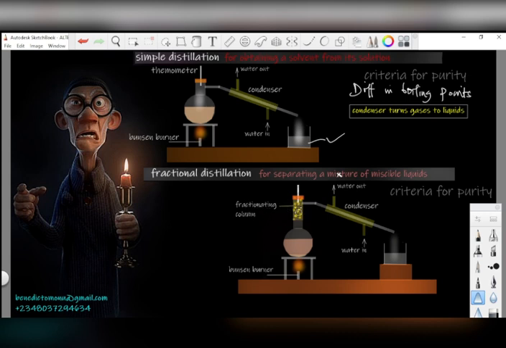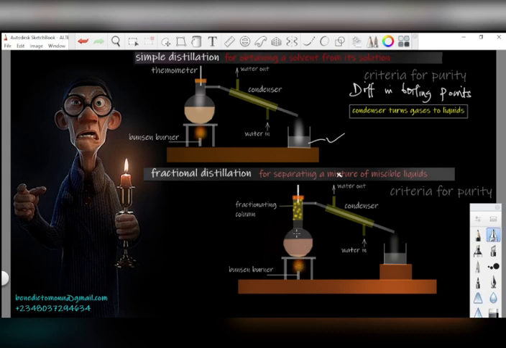The fractionating column is a column of glass beads that are kept at a particular temperature. So when you heat up the two or more liquids using a Bunsen burner, due to the difference in their boiling points, all of them, first of all, because of the high temperature here, would vaporize.